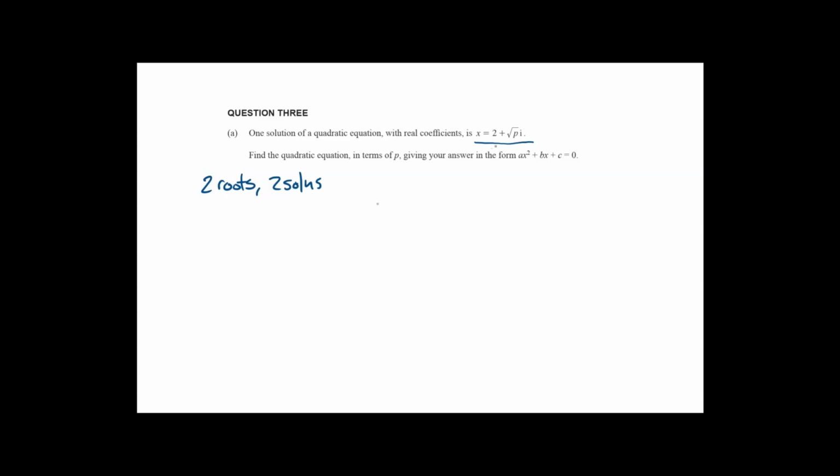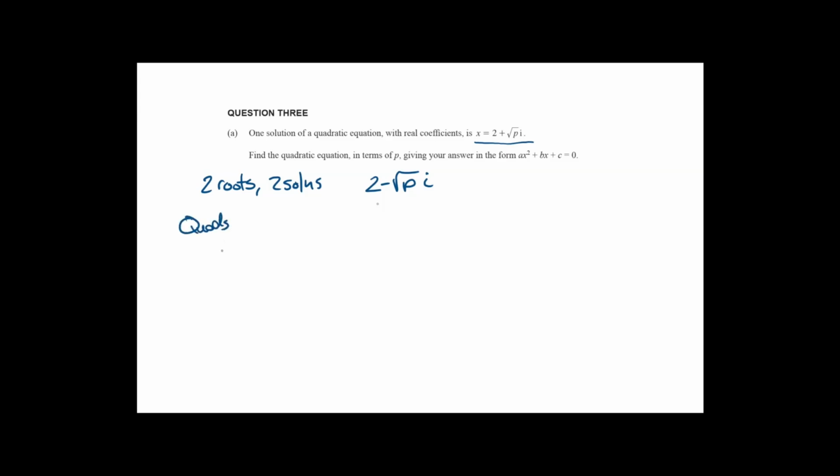Well, if one of the solutions is a complex number, the other solution must be its conjugate. So 2 minus square root p i must also be a solution. What else do we know about quadratics?